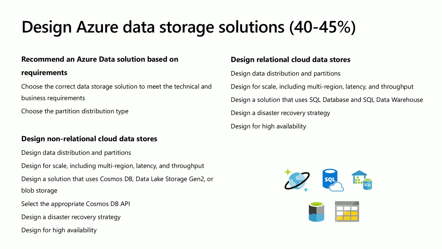So what's the main topic in here? Storage. What are the storage services mentioned in the exam scope? Those five over there: Cosmos DB, Azure SQL Database, Azure SQL Data Warehouse, Azure Data Lake Service, and regular storage accounts.